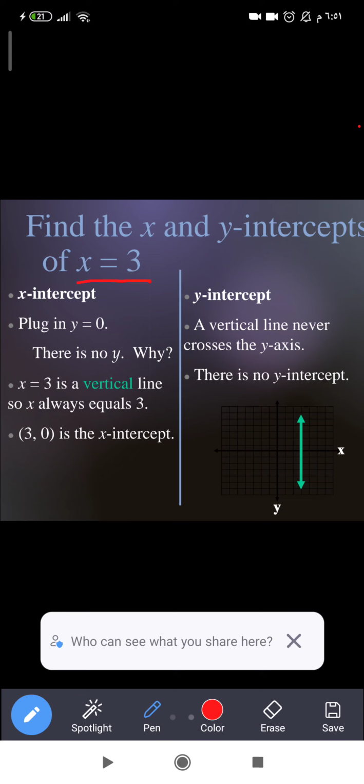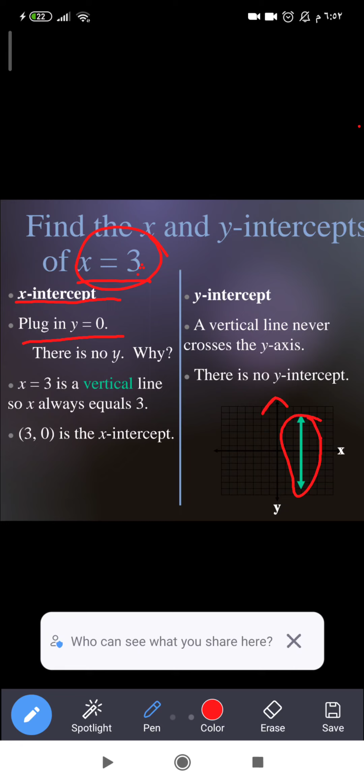Now, if I want the x-intercept, plug in the equation y equals 0, but there is no y. There is no y because, look, this line is parallel to the y-axis, okay?